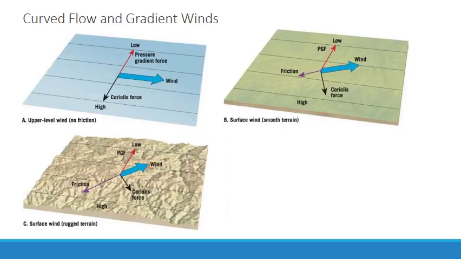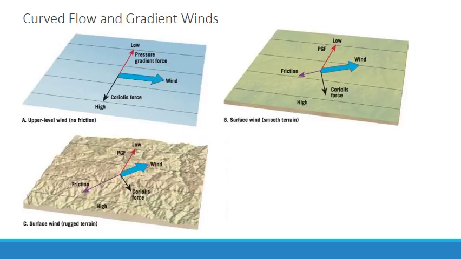Friction as a factor affecting wind is important only, like I said before, in the first mile or so of the atmosphere, 1.5 kilometers. We know that friction slows the movement of the air. By slowing the air movement, friction also reduces the Coriolis force, which is proportional to wind speed.